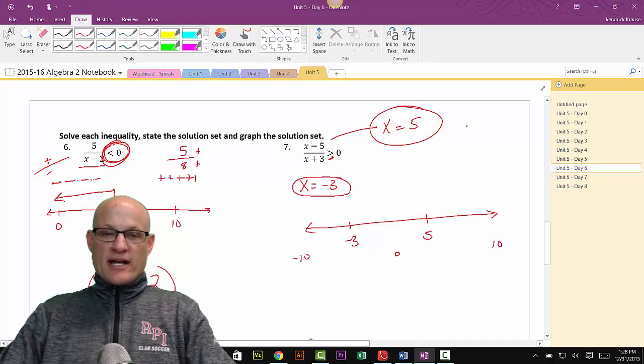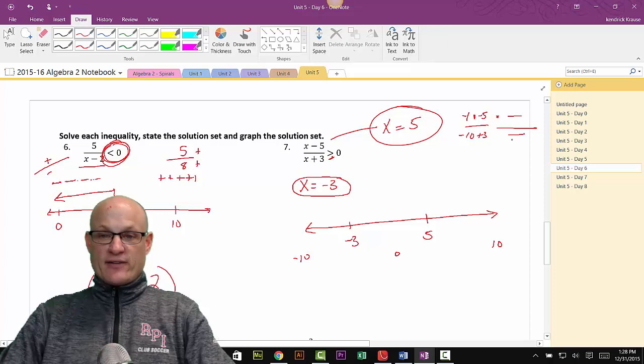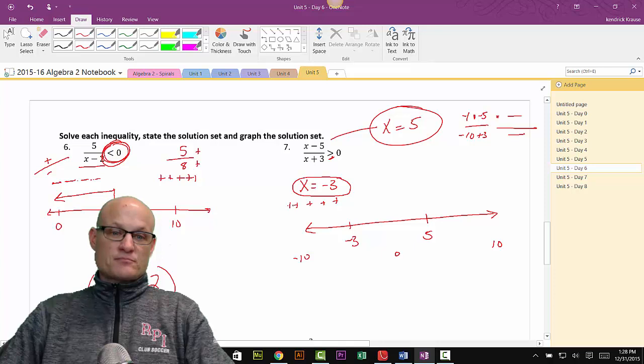So when I plug negative 10 in, I get negative 10 minus 5, which is really negative, all over negative 10 plus 3, which is also negative. Negative divided by negative is positive.